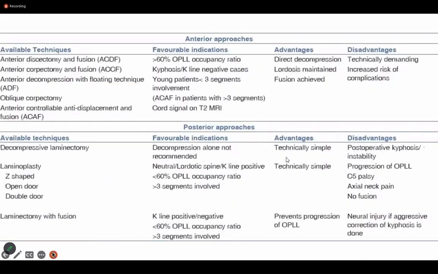Here is a study from India, and the doctors summarize the indications for choosing the anterior approach or posterior approach. It's the same information from Dr. Tâm before.